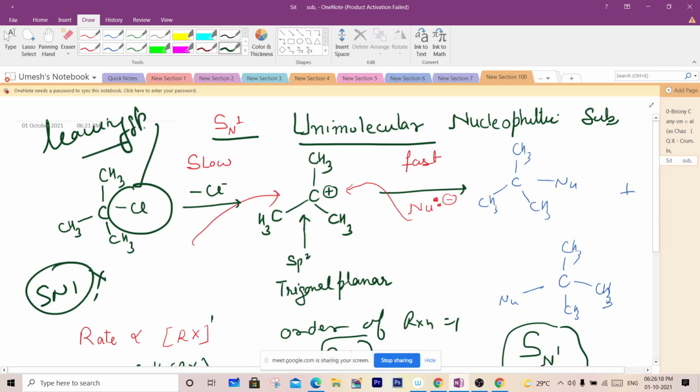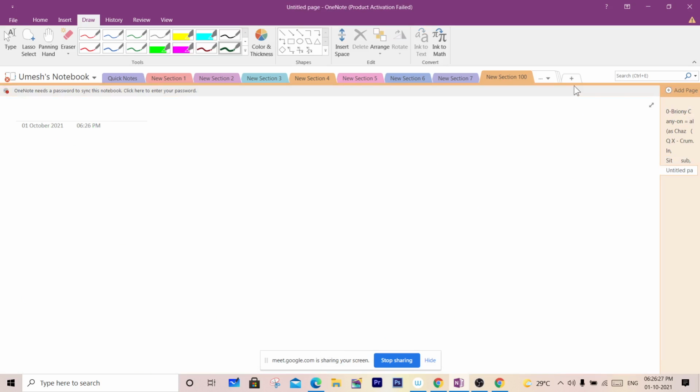The group that leaves easily will make the reaction fast. So if we have RF, RCl, RBr, and RI, which is the best leaving group? RI, because the bond length is the most.